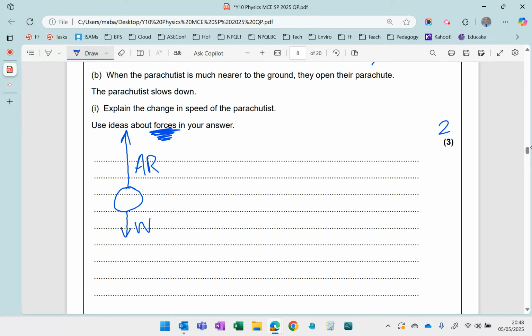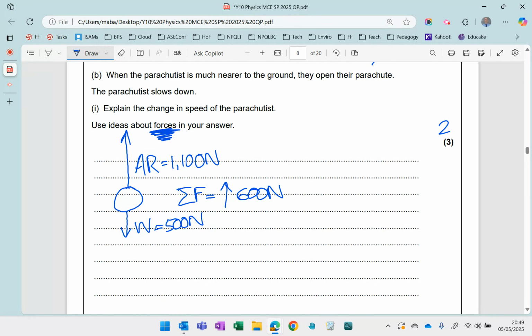Now, with a force diagram like that, you can see that the resultant force, when we do the vector addition of these two forces, is going to be upwards. Let's say that the weight downwards was 500 newtons and the air resistance upwards was 1,100 newtons. So that would mean that we'd have an upward force of 600 newtons.